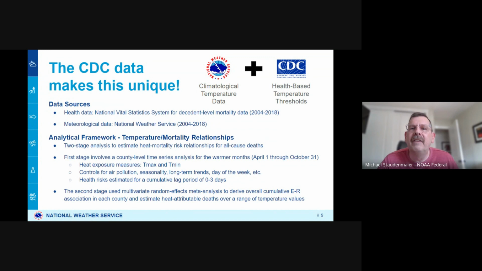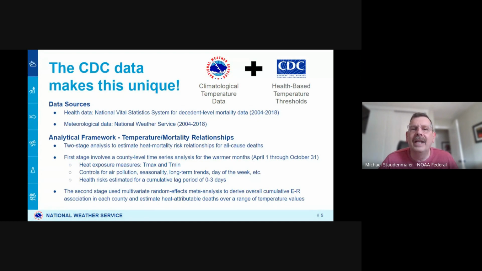Using this list of available counties, we provided the CDC with the best observation station with continuous daily data from 2004 to 2018 within each of those counties to base the relationship on. This provided us with around 700 city-county pairs ranging from large urban areas down to rural locations.